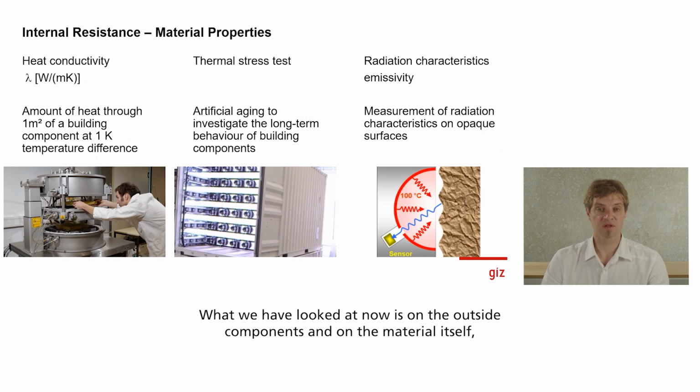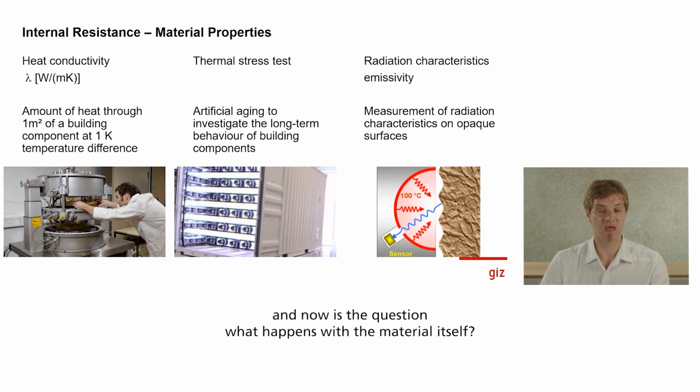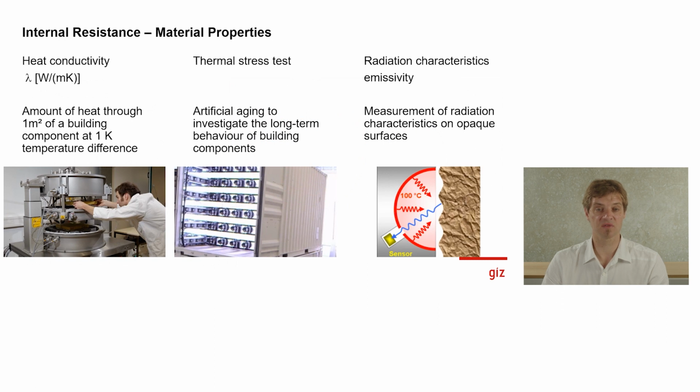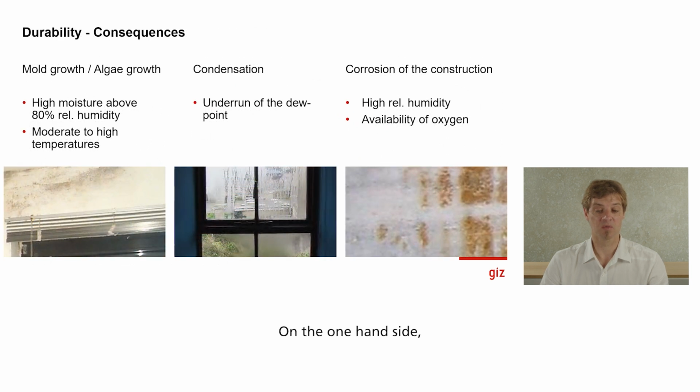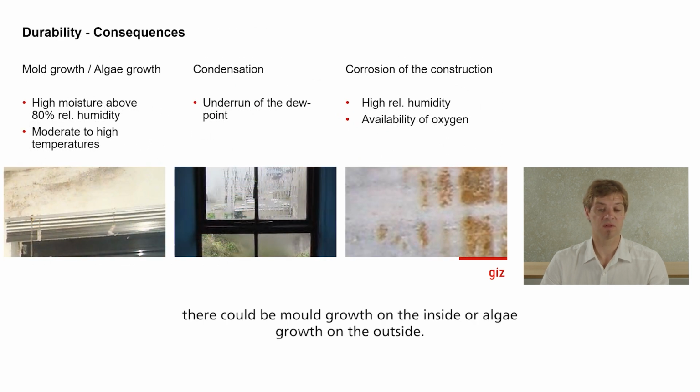So what we have looked at now is the outside component and the material itself. And now the question is, what happens with the material itself if this stress is on it? What could happen? What could the outcome of these durability measures be? On the one hand side, there could be mold growth on the inside or algae growth on the outside.